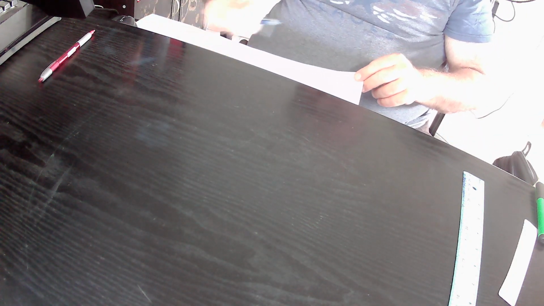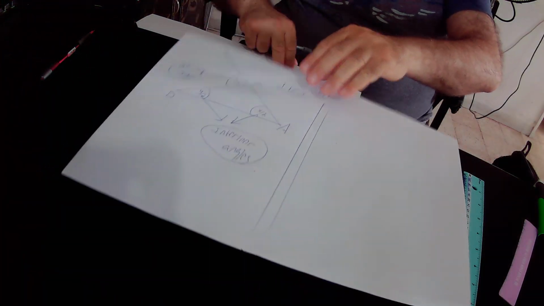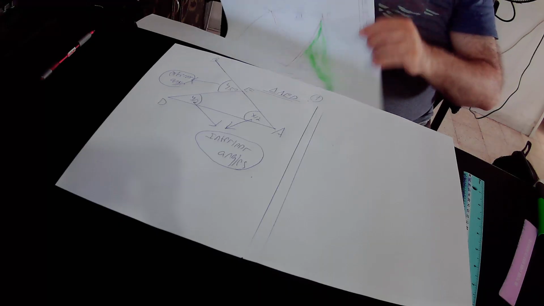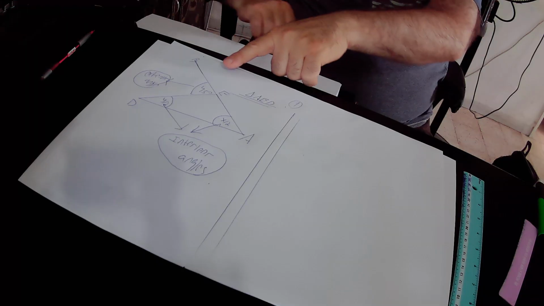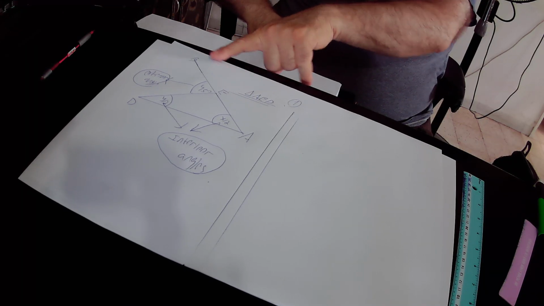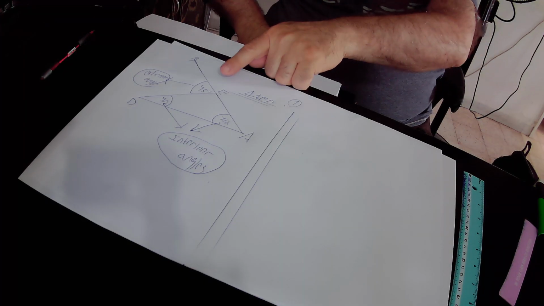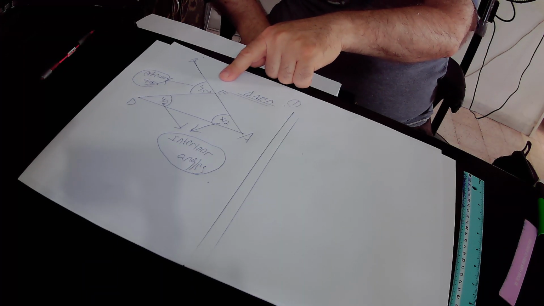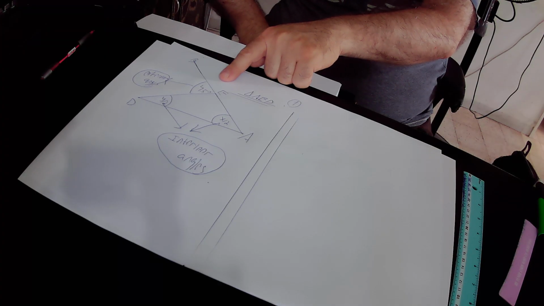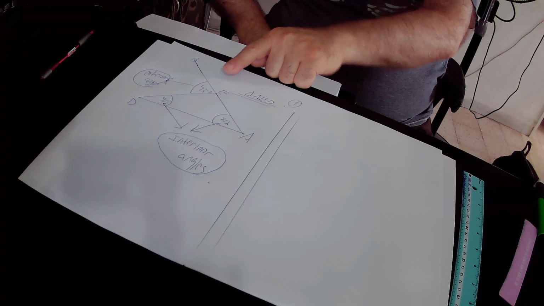So we can actually implement rule 4 in our drawing. Why? Because in our drawing this is the exterior angle BED. According to rule 4, the size of the exterior angle BED is equal to the sum of the two interior angles that are not adjacent to it.